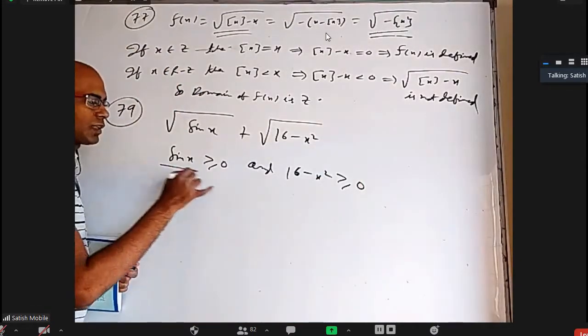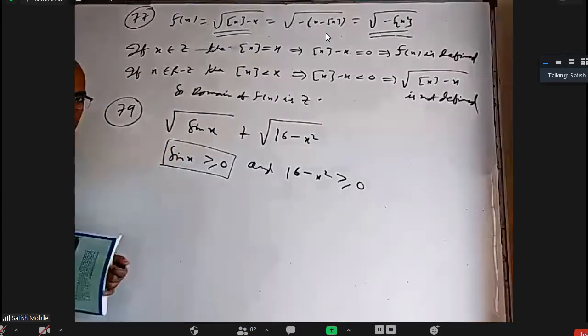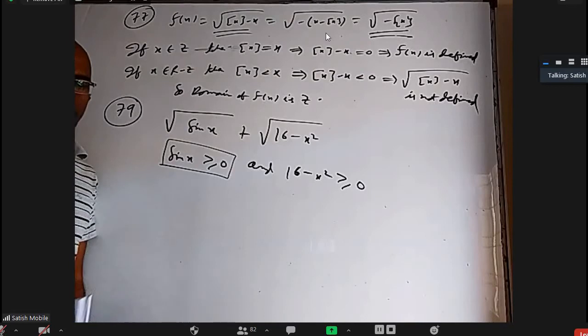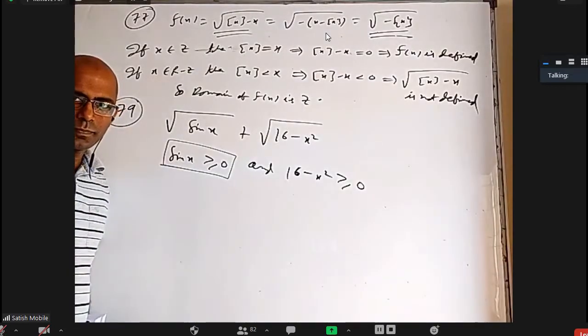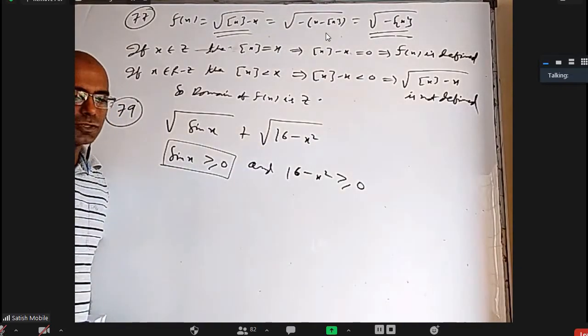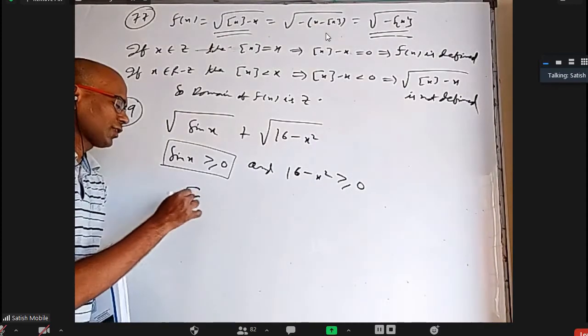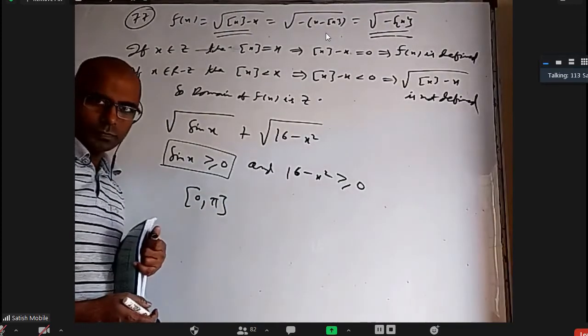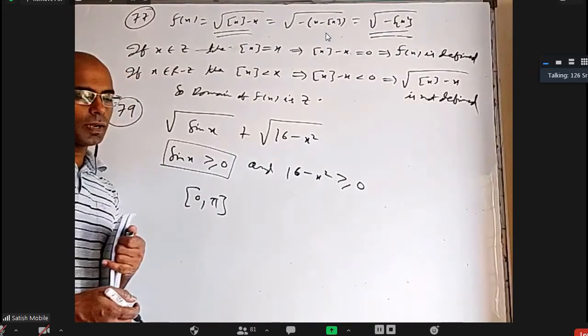Anybody want to tell what is the solution set only for this? X belongs to closed interval 0 to pi. Okay, is that all or anything more? 0 to pi is correct. I agree with that. Anything more than that is also there. Minus 3 pi to minus 2 pi.